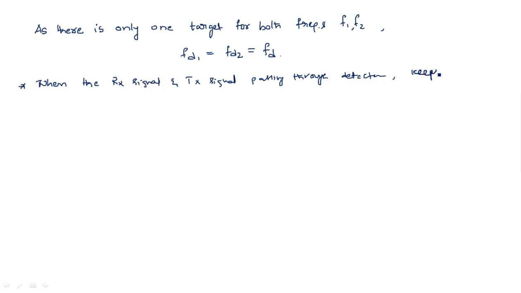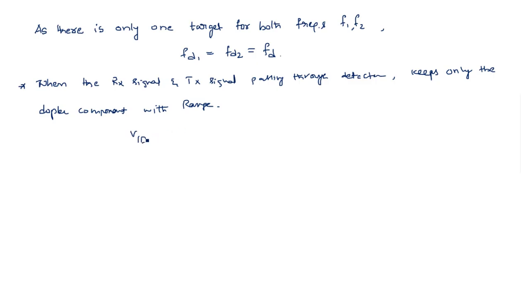It keeps only the Doppler component along with the range parameter. Only whatever change we have observed in the received signal will be kept at the output, and the remaining transmitted component will be eliminated.